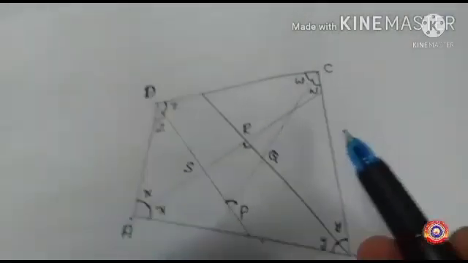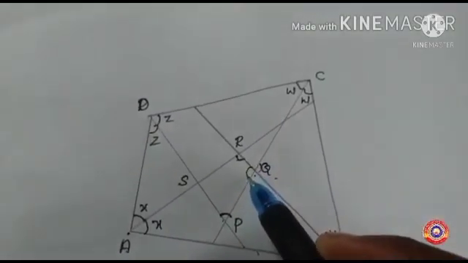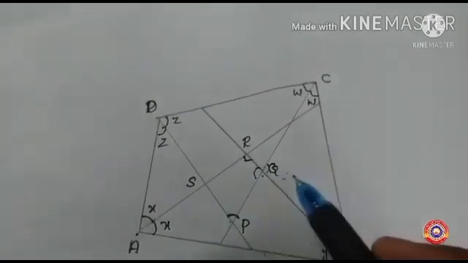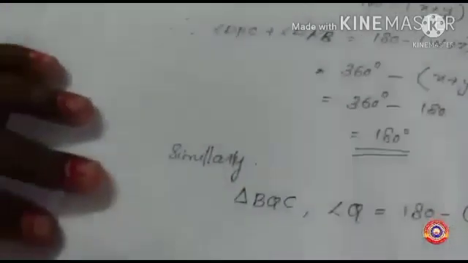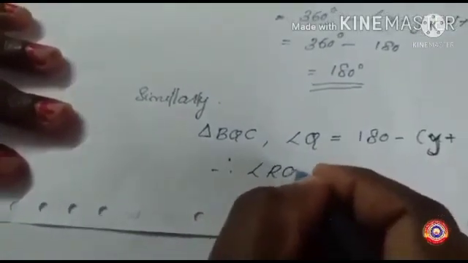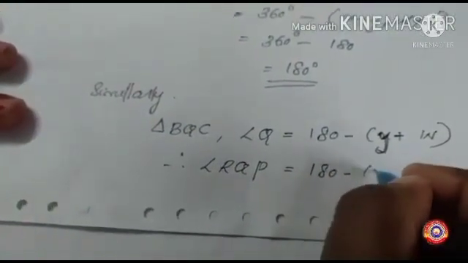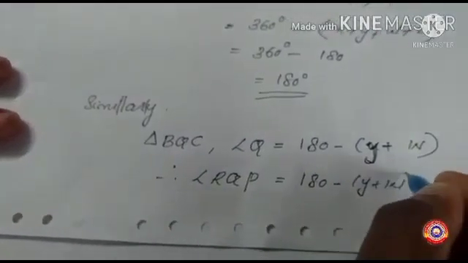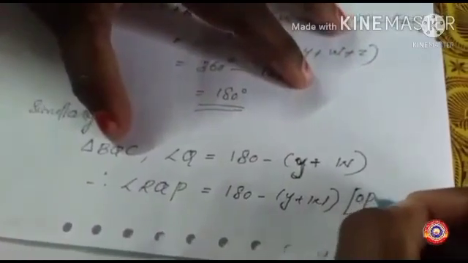In the figure, angle Q and angle RQP are equal because they are vertically opposite angles. So we can write angle RQP equal to 180 minus (y plus w), because the opposite angles are equal.